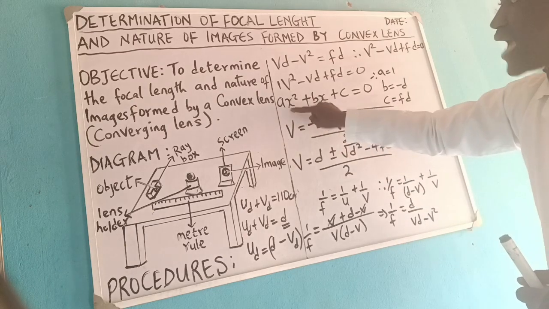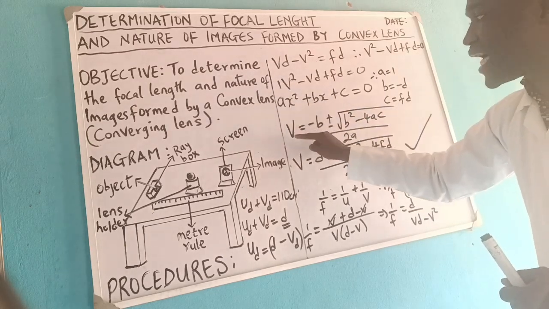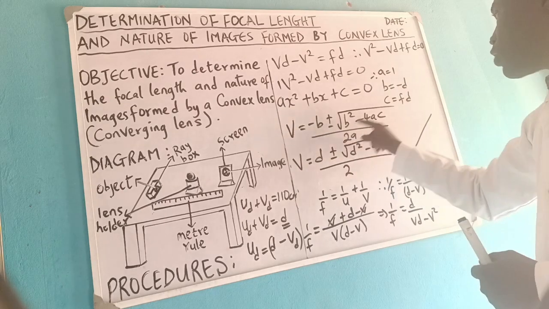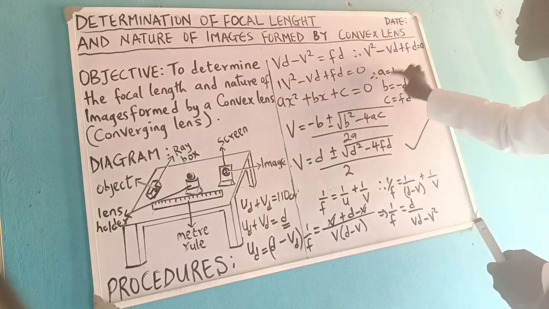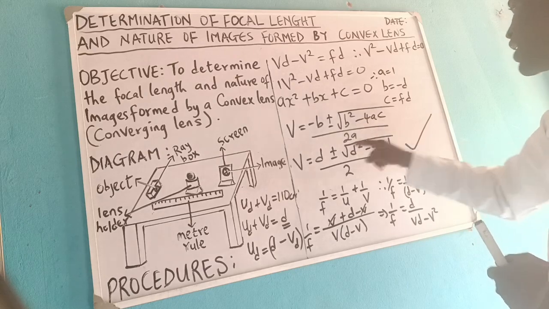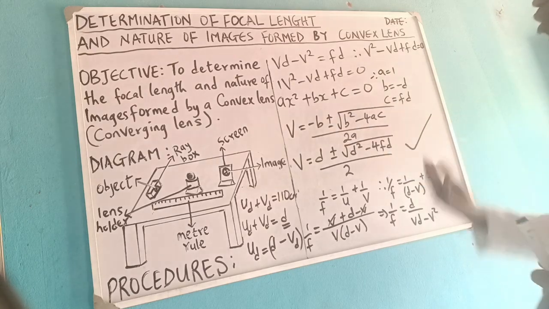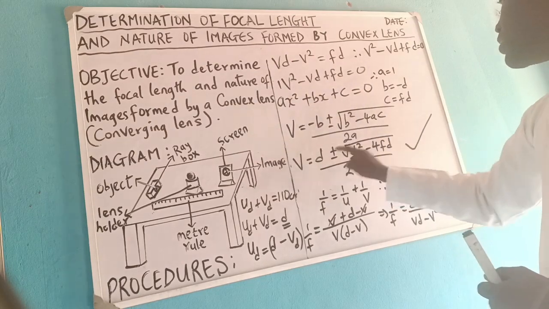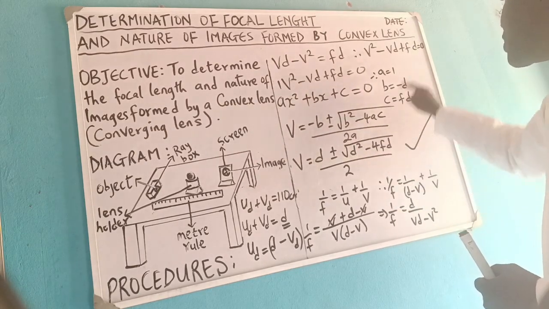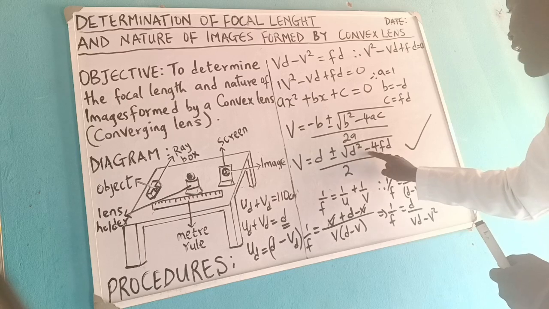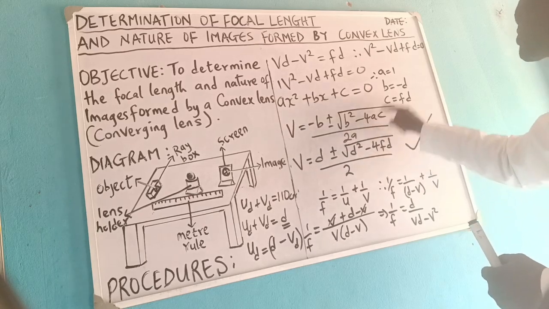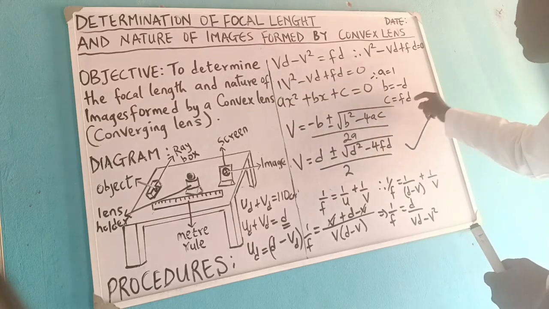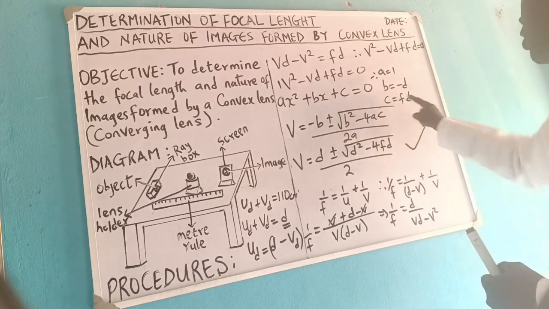Now, because our x is v, we replace that x with v equals this. Then we put the values we have here inside here, taking care of our signs very well. Minus times minus d gives d, plus or minus the square root of d squared minus 4 times a times c, which is 4fd, because this is just c.